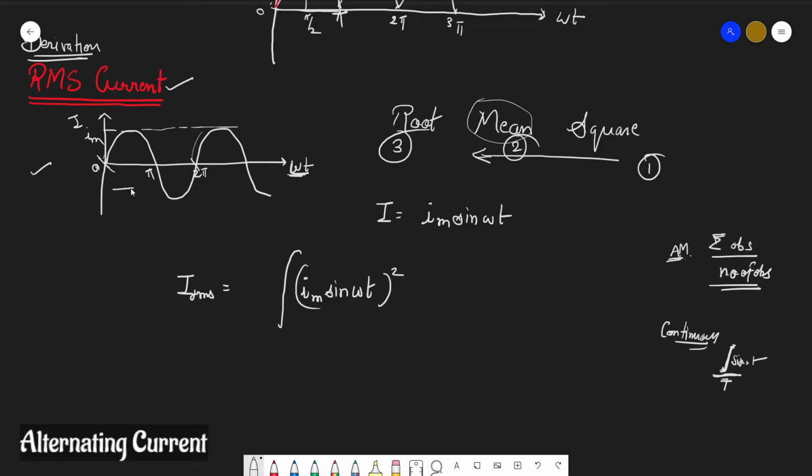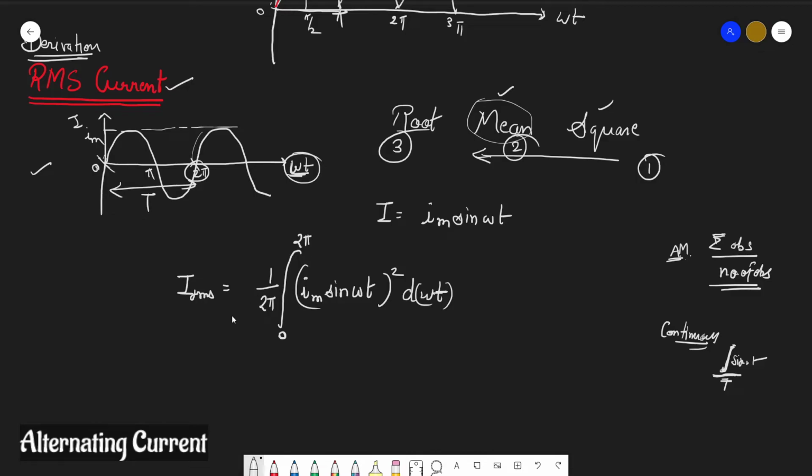So this is one time period, which is equal to 2 pi in omega t terms. Since I am integrating with respect to omega t, I will write the limits in the same format. So 0 to 2 pi is the one cycle, and the time period is 2 pi. This is now the average. This step is done.